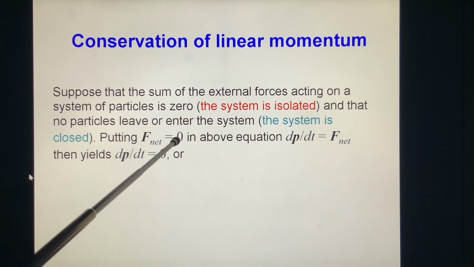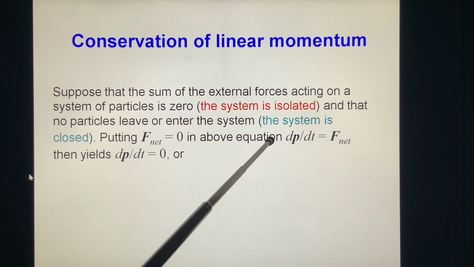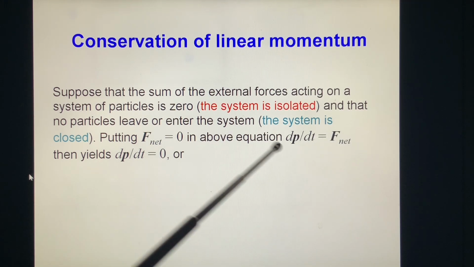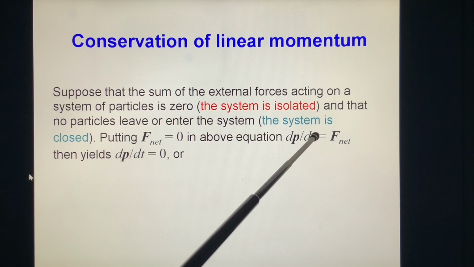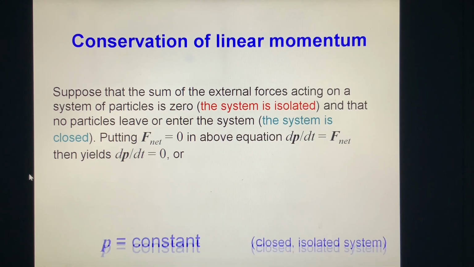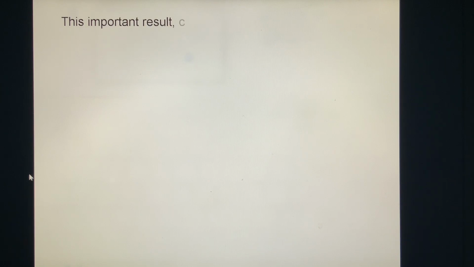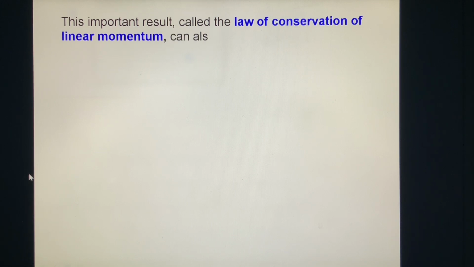Putting F net equal to 0 in the above equation, dp/dt equals F net, so dp/dt is 0, or P is constant. For a closed, isolated system, P is always constant. This is an important result called the law of conservation of linear momentum. It can also be written as P initial equals P final.